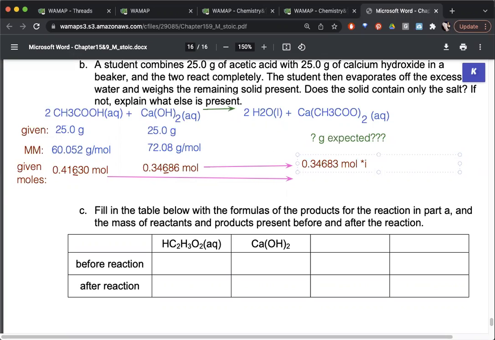And that is if our limiting reactant is calcium hydroxide.